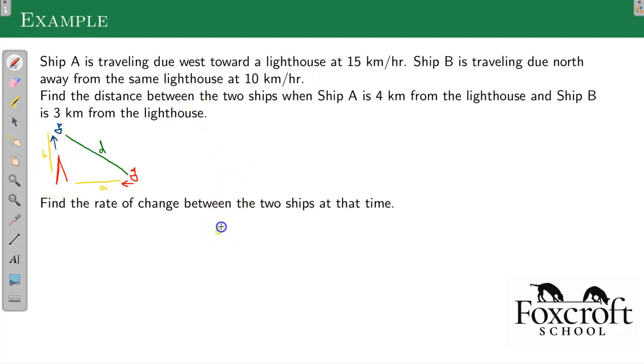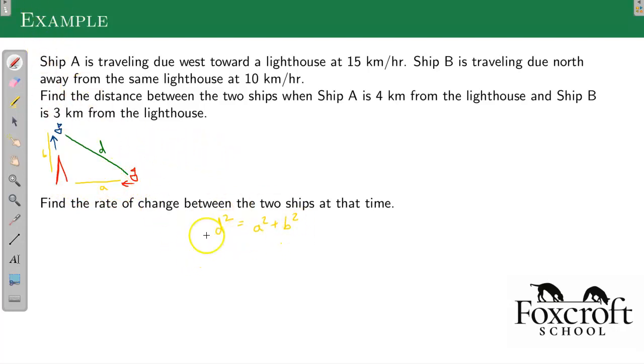And we know that d squared equals a squared plus b squared. The Pythagorean theorem always gives me the distance between these two ships. Now again, I don't want to plug in values right now, because that would force ship A to always be the same distance away from the lighthouse. The distance is changing, so I can't plug in things until after I take my derivatives.